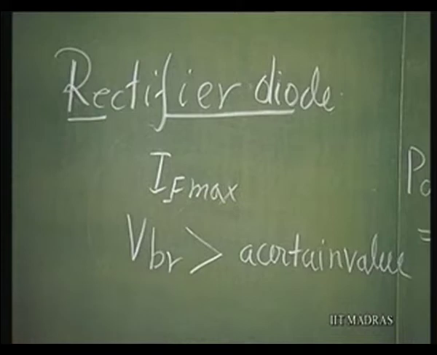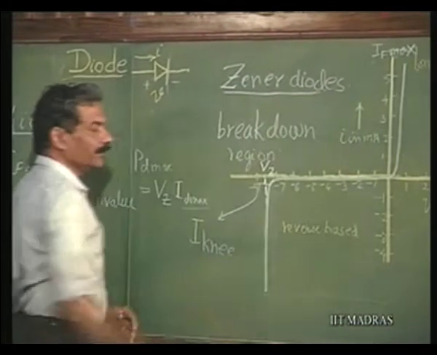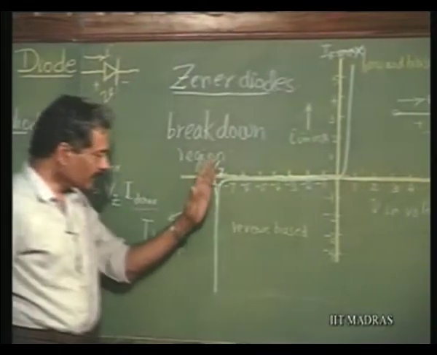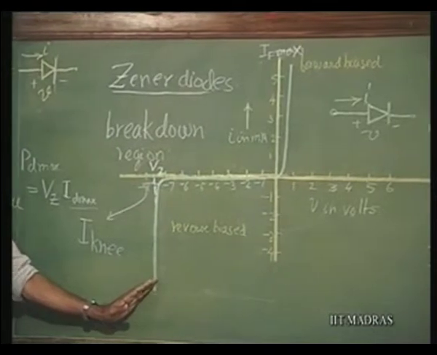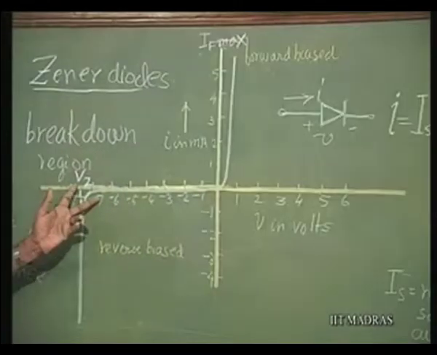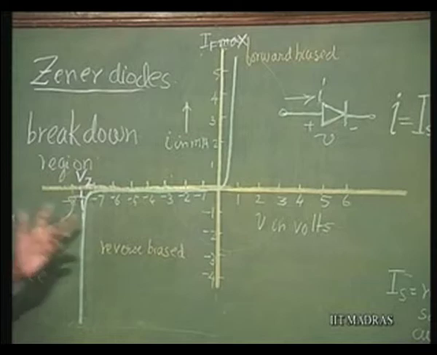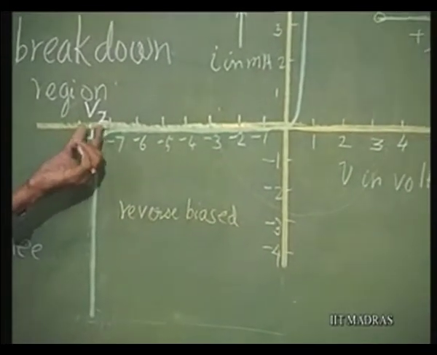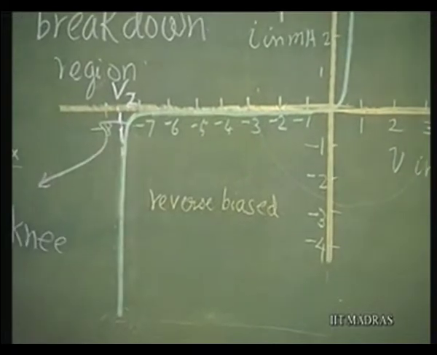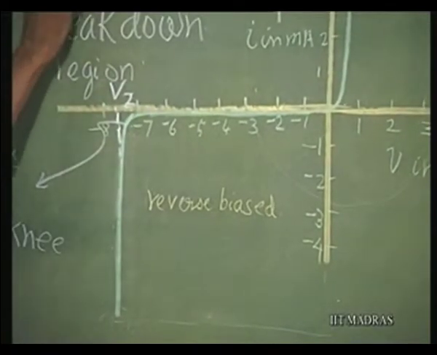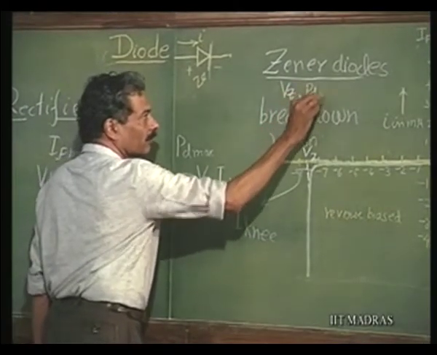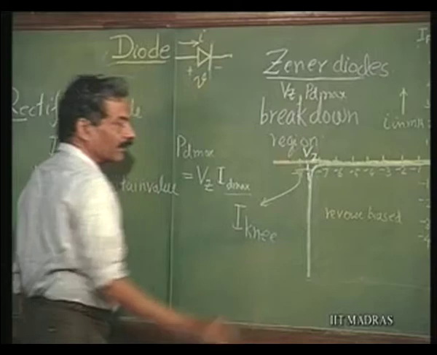What are the applications of the rectifier diode? We will see later. Then Zener diode, as I told you, it is not going to be operated here, but it is going to be operated in this region of breakdown. So, this breakdown voltage is very important. This should be of a specific value with a certain tolerance here, Vz. So, it is going to have a certain Vz and PD max that I mentioned about.